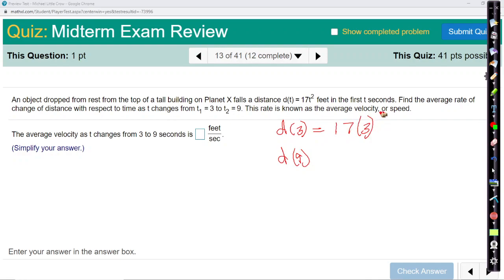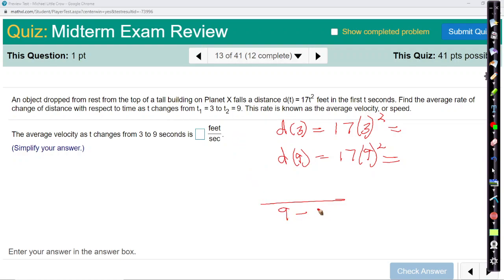This will be 17 times 3 squared, this will be 17 times 9 squared, and then we need to get the rate of change.